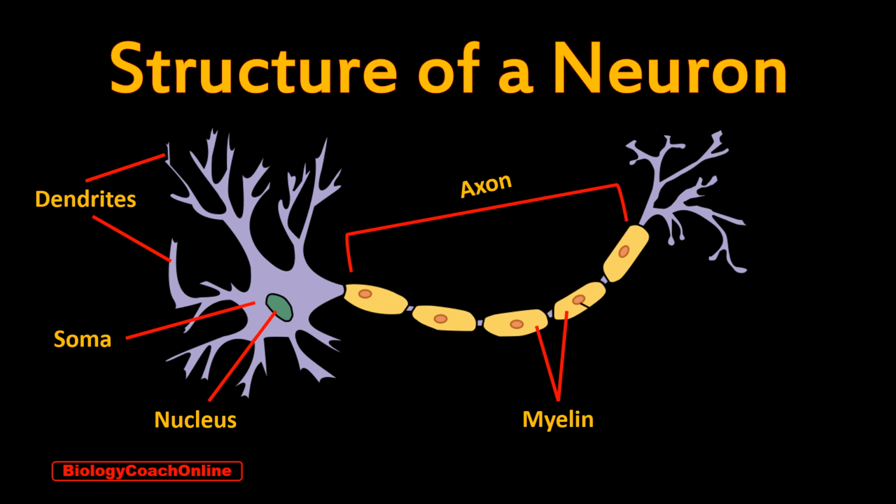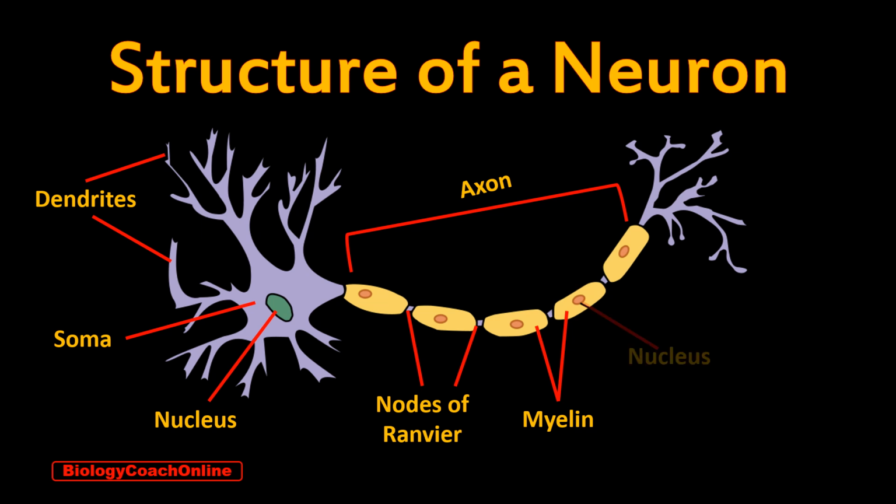However, unlike the covering on your extension cord, which is continuous, the myelin covering your axons is deposited in sections, as you see here, leaving tiny sections of axon exposed. Now these little gaps, or nodes, in the myelin are called nodes of Ranvier, named after French anatomist Louis-Antoine Ranvier, who discovered them in the 19th century.